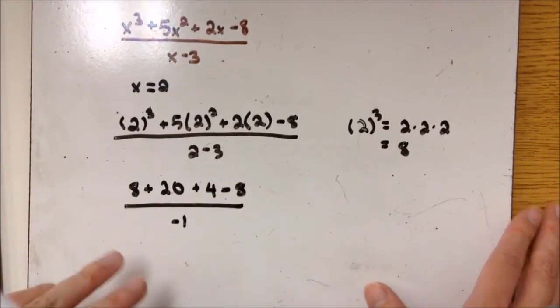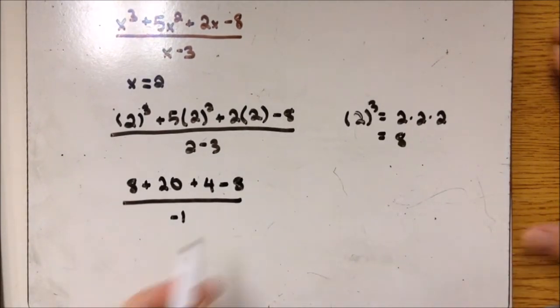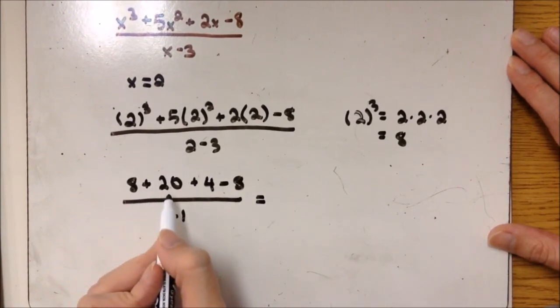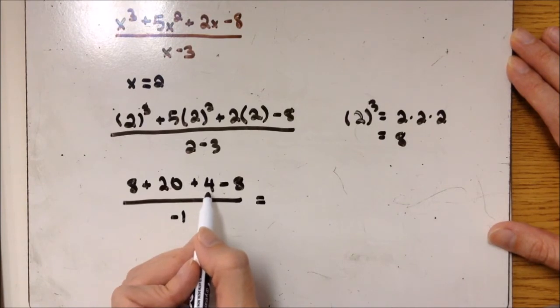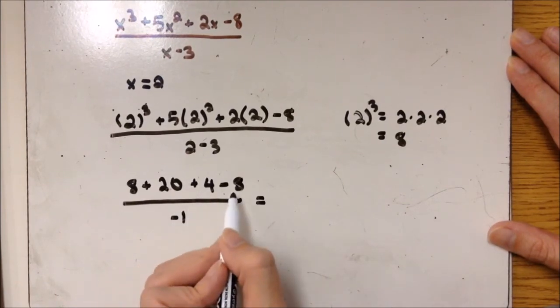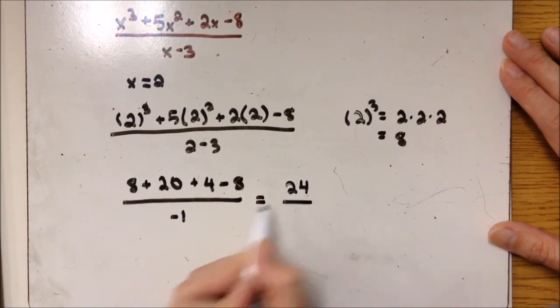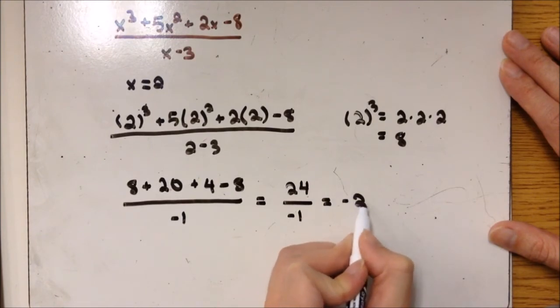So that's a good thing. Makes the work less. Alright, so here we do 8 plus 20, that's 28, plus 4, that's 32. And then we do 32 minus 8, which is 24, over negative 1, which becomes negative 24.